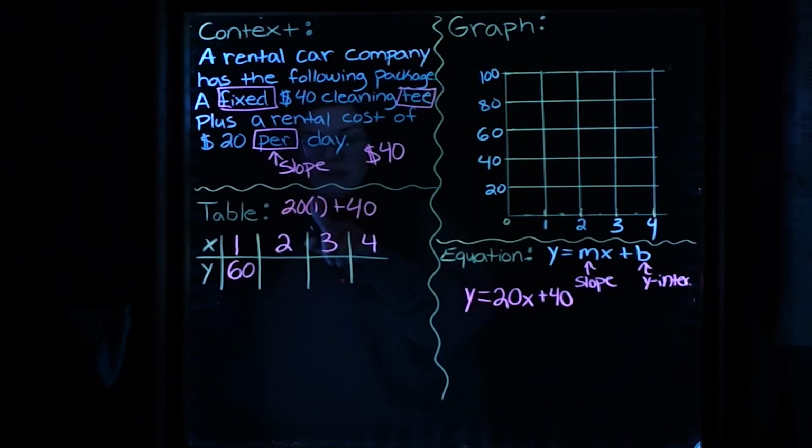Same thing for the 2, but this time I put a 2 in. 2 times 20 is 40, plus 40 is 80. Replace that 2 with a 3. 20 times 3 is 60, plus 40 is 100.